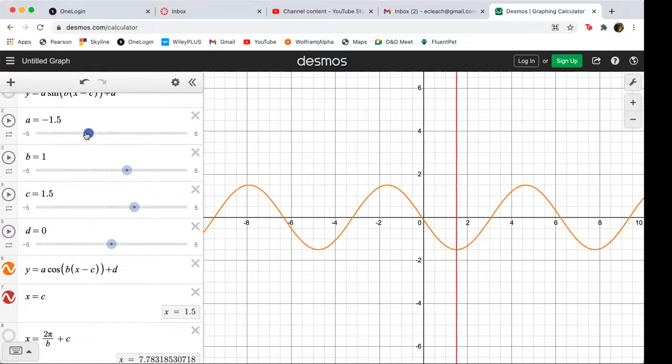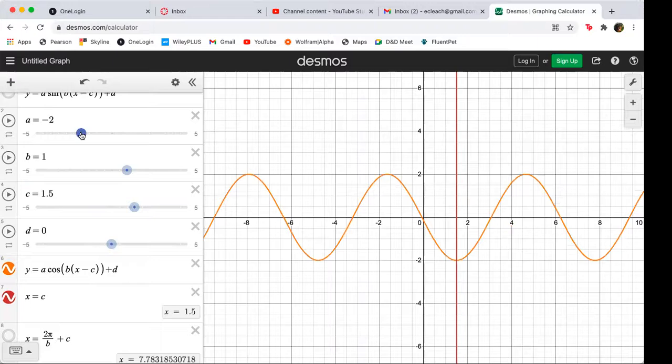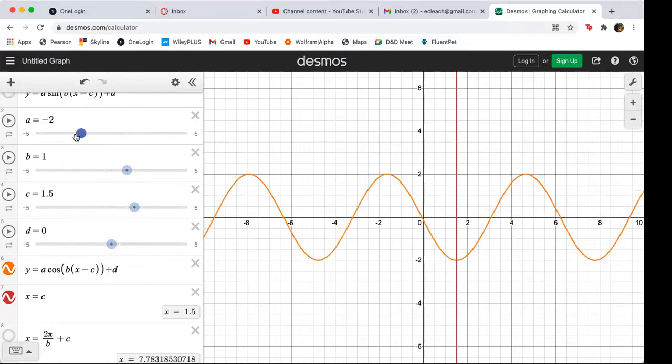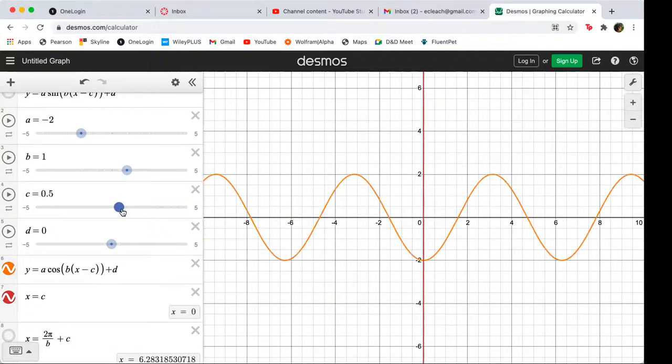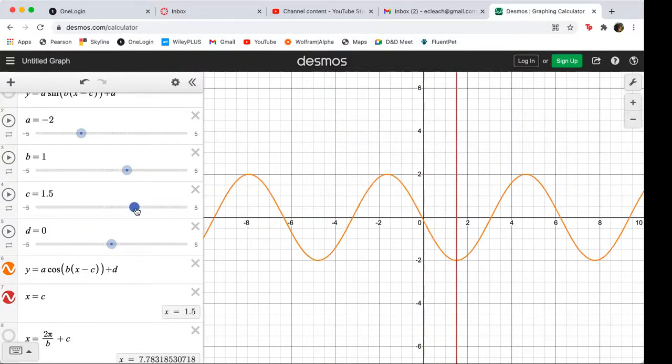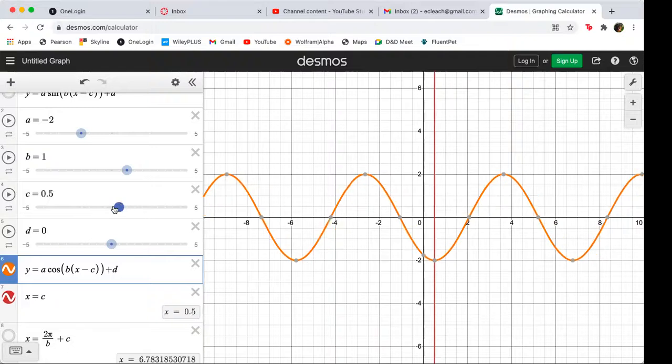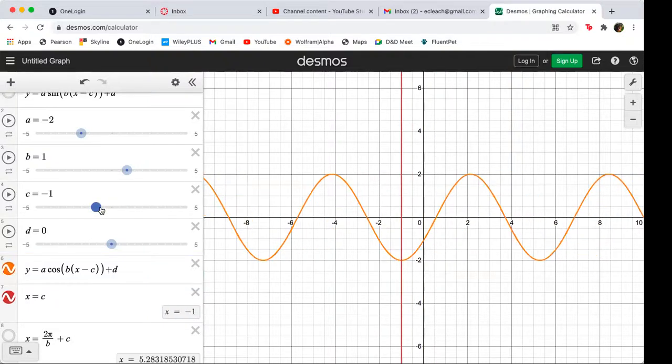So if A is negative and it's cosine, so -2 cosine starts at the bottom, and the starting point is whatever the value of C is. The default is 0. When C is positive, we shift over this way, and when C is negative, we just shift over the other way.